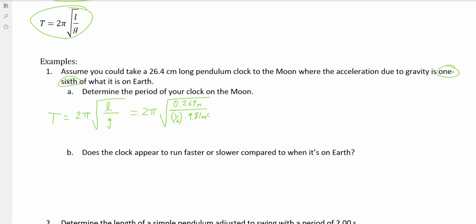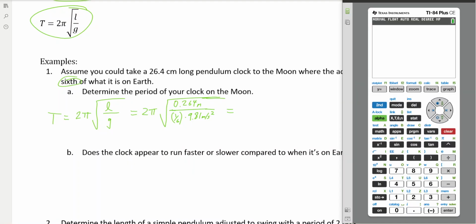So this would be the equation. Let's go ahead and plug that in our calculator and see what we get. Actually, I need to go 2 times pi times the square root of 0.264 over 9.81, and I'm going to just divide by 6.